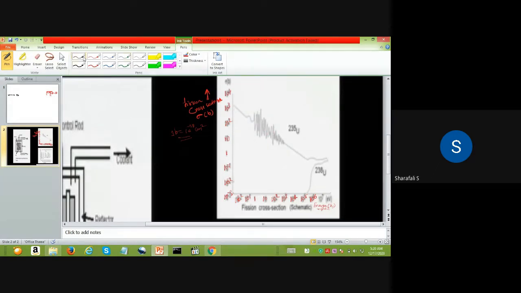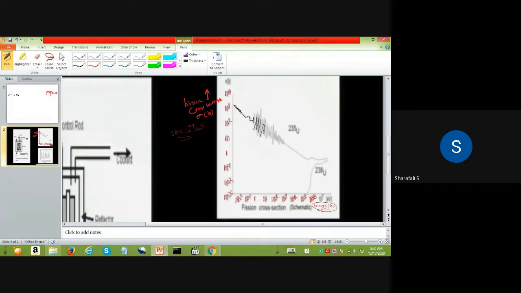This graph shows that when you go along the x-axis, the energy of neutrons, from 10 raised to minus 2, 10 raised to minus 1, 10 raised to 1, etc., and increase the energy of incoming neutrons, the cross section is decreasing. I will just draw it so you can see it more clearly.